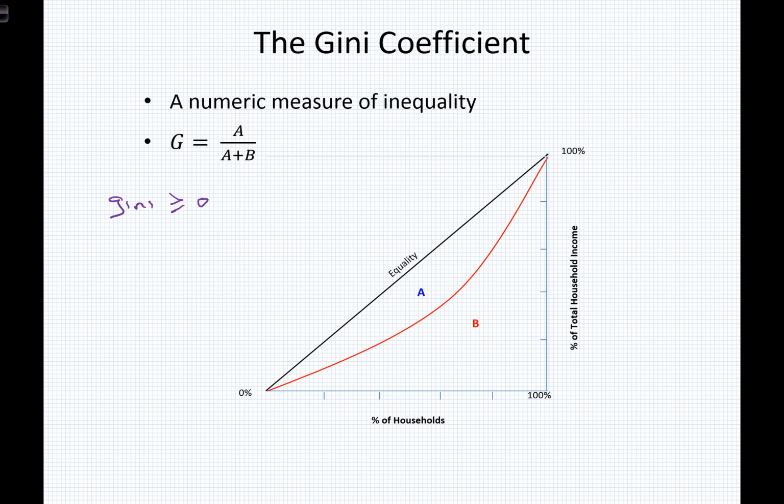But I don't know that we can really conceive of a Gini coefficient of 1, because 1 would mean that A comprises the entirety of this right angle triangle, the entirety of this area. In which case, if we're thinking even in terms of the percentiles, forget quintiles for a moment. Forget dividing an economy up in 5 equal parts. Let's divide it up in 100 equal parts, or 1,000 equal parts, or 1,000,000 equal parts, or even 311 million equal parts.